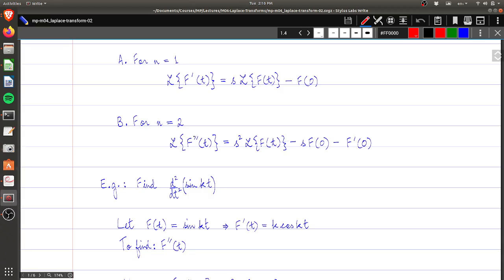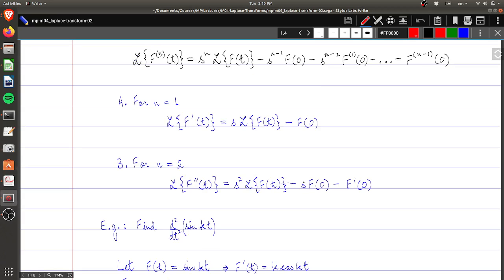Then minus s to the power n minus 1, so s to the power 2 minus 1 is s, times the value of the function at t equal to 0. Then minus s to the power n minus 2, which is s to the power 0, times f prime at 0, and 2 minus 1 is also 1, so we have reached the last term. We will have only 3 terms. So this will be the expression for the Laplace transform of the second derivative of a function.